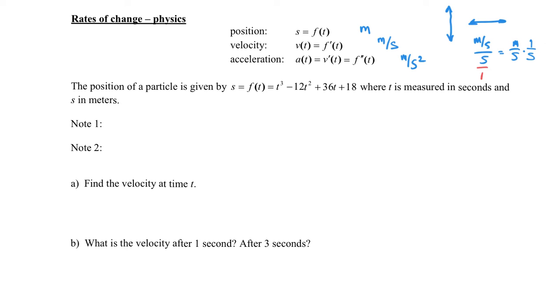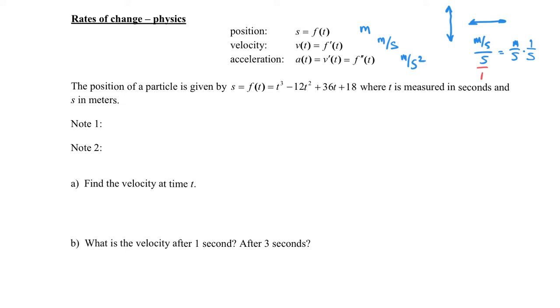So one thing that we had to remember, though, is that this function is not the path of the particle. The particle is traveling in a straight line, probably in this case like a left-right. So when it's moving to the right, we'll think of it as having a positive velocity. And when it's moving to the left, we'll think of it as having a negative velocity. Those are arbitrary, but that's typically how it's done.